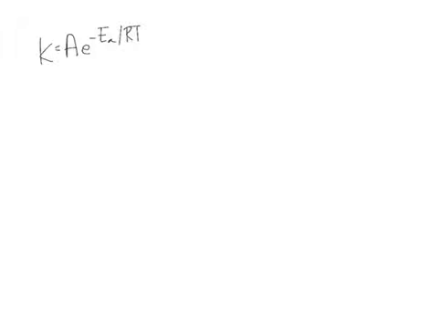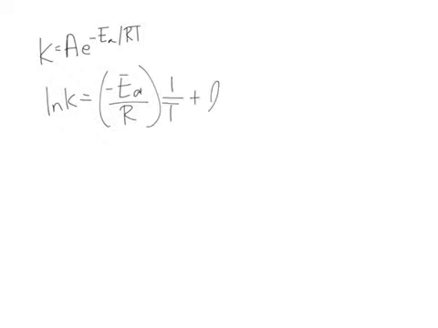We have one, and this is actually one you're going to be using in lab here, where you're going to plot your natural log of k of your reaction, and you'll find that from the integrated rate laws and such. And you're going to plot natural log of k on your y-axis, okay? And then 1 over T will be on your x-axis. And see, we have this handy y equals mx plus b style of equation here.